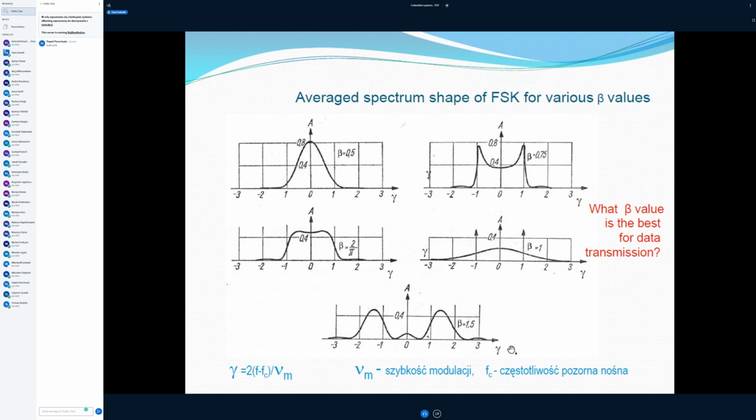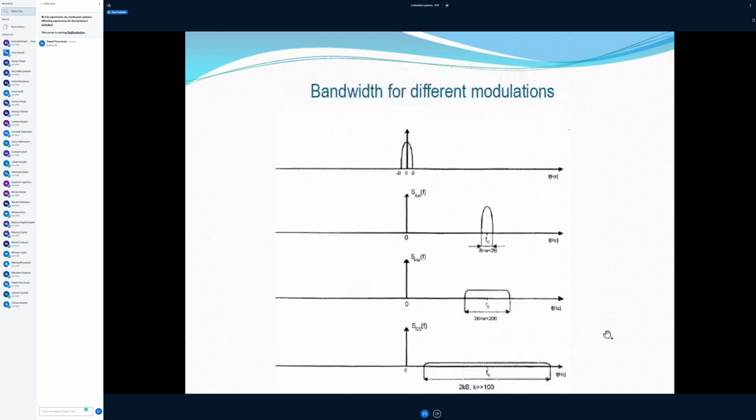But in this case we have 2 values, and if our beta would be higher, we would have more values here. That's why in this case you can see that you have the width of the band from 2b up to 20b.